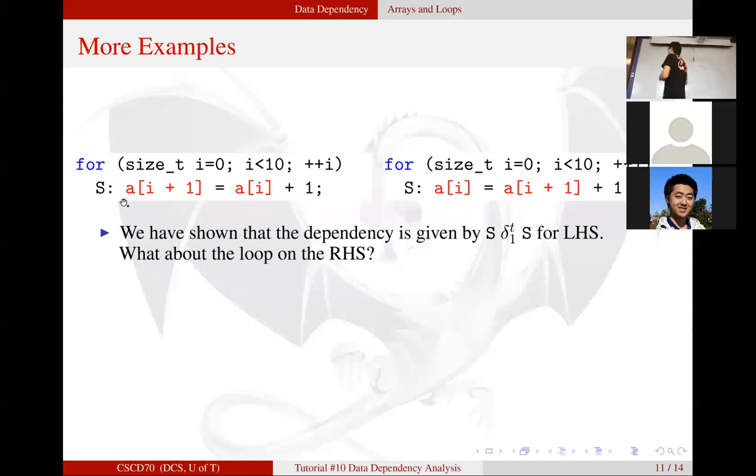So now that we have shown the data dependency analysis for the left-hand side, the dependency is S delta 1 t S. So what about the loop that we have on the right-hand side? What do you think shall be the data dependency of it?